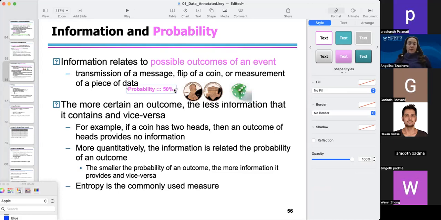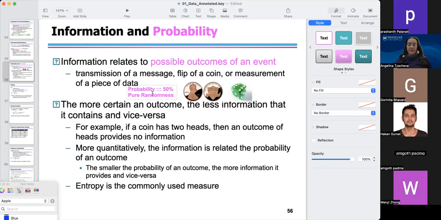Another thing to mention here is that this kind of probability is not very good, because this is pure randomness. You see, there is no way to tell. It's half and half, either one or the other. From an information theory point of view, this is not a very good probability.